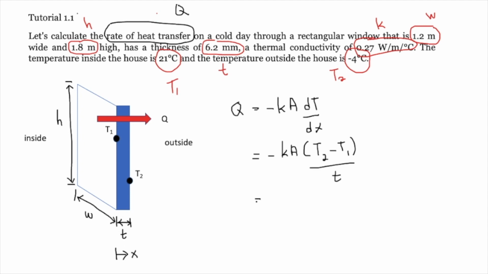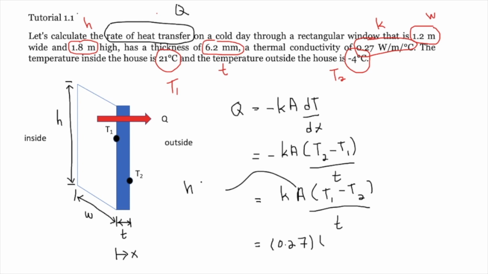Since we know T1 is larger than T2, we can arrange this equation in order for us to get the positive value of heat transfer, Q. The surface area is H multiplied with W, which is the area perpendicular to the direction of Q. So we fill in all the values.